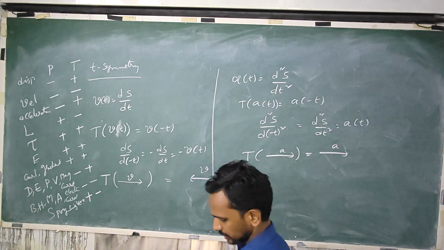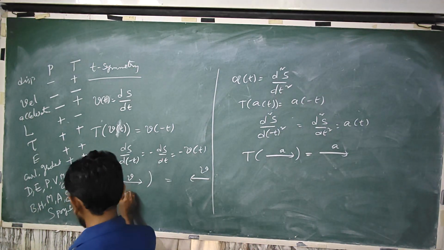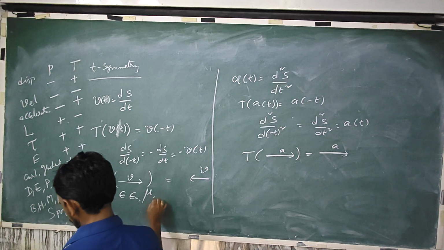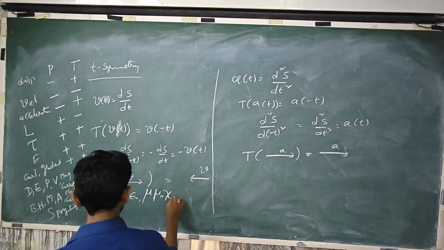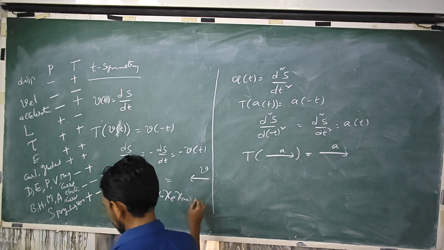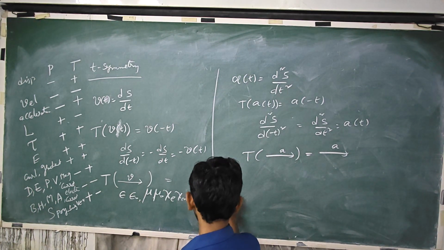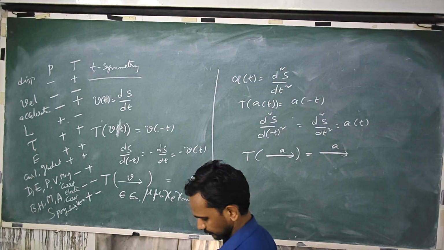And these physical quantities, permeability, permittivity, epsilon, epsilon naught, mu, mu naught, chi E, chi m, susceptibility, all these are parity positive and time reversal also positive.